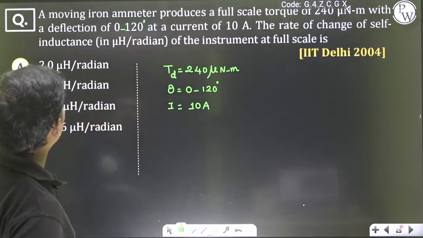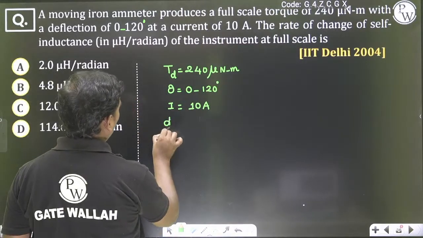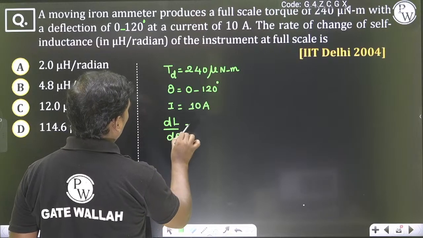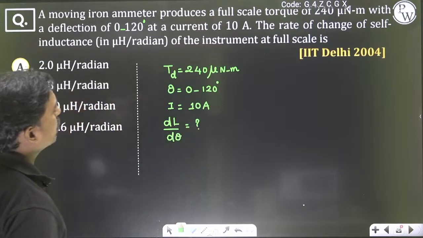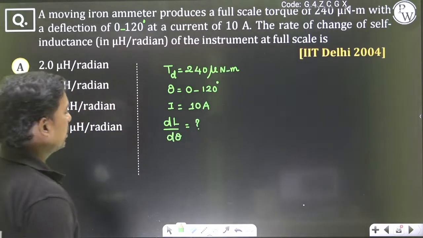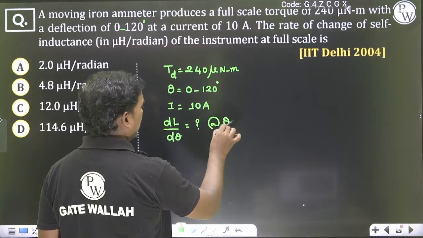The rate of change of self inductance, that means dL by d theta, is asked, of the instrument at full scale. Full scale means at full scale theta is equal to 120 degrees.